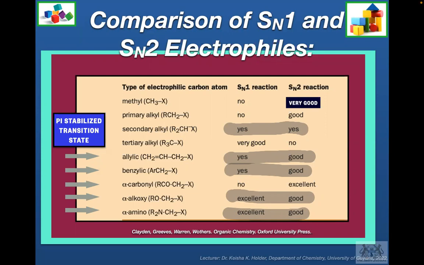The others are pretty straightforward and clear, and you need to know them. We know that this is an SN1 electrophile. We know that the primary is SN2 exclusively. And then we know the alpha carbonyl is SN2 exclusively.